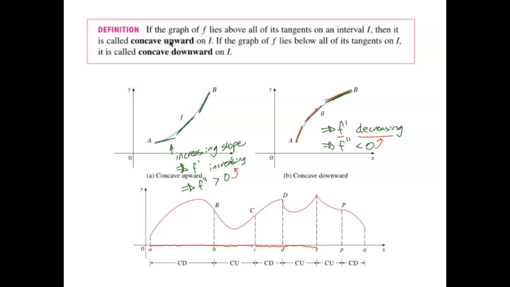And so there's a point of interest when we change concavity. So that point, capital B, is the point at which it changes from concave down to concave up. That has a special name. It's called an inflection point. So whenever you have a change in concavity, you have an inflection point.